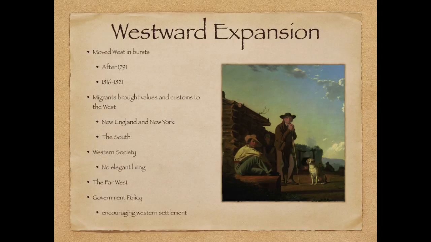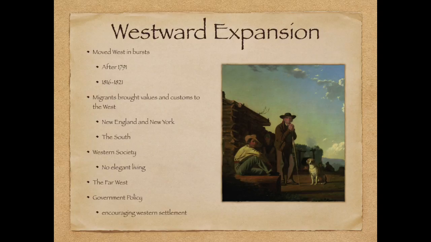the turn of the 19th century. The second burst of American westward expansion happened in the early 19th century, around 1815, 1820. And this was movement from beyond the Appalachian Mountains to the Mississippi River.